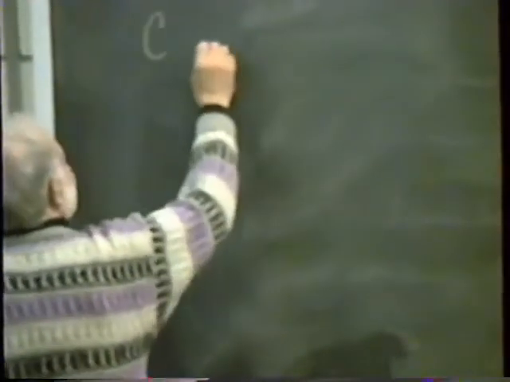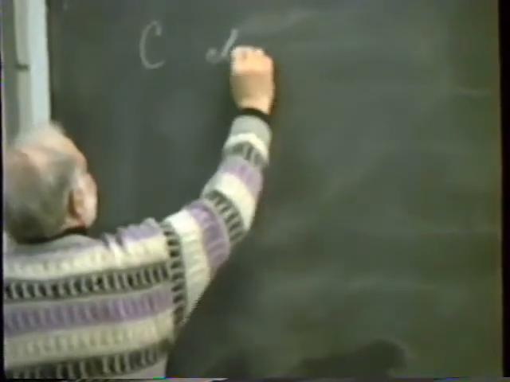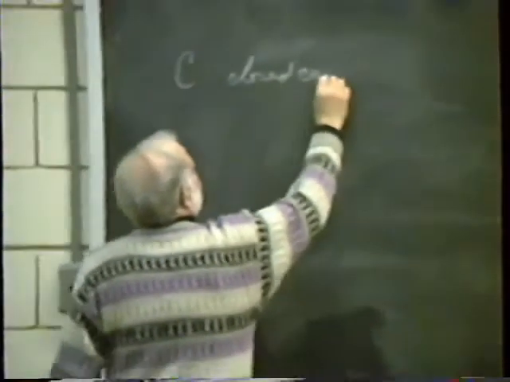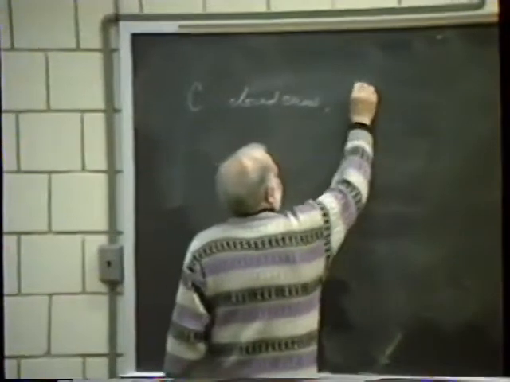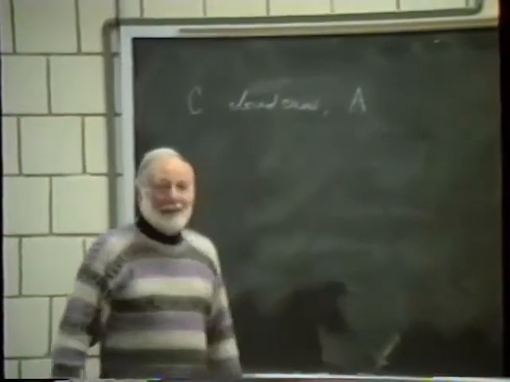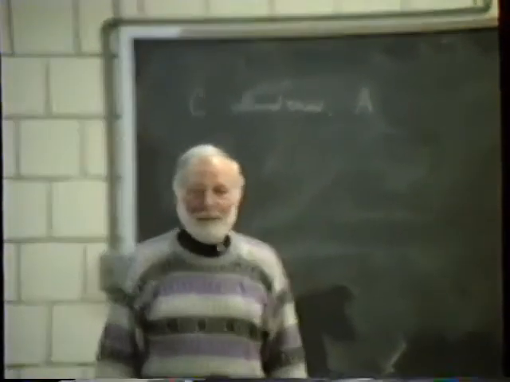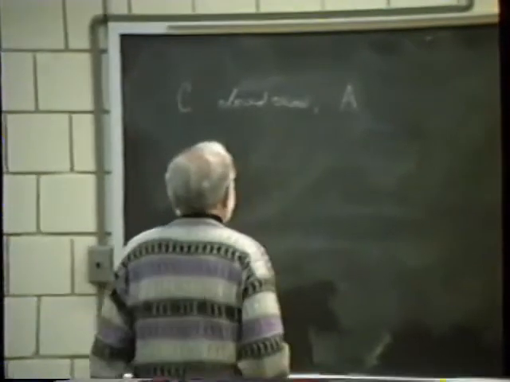Certainly a favorite object for mathematicians and physicists is this. Suppose C is a smooth closed curve, and A is a connection or a vector potential.